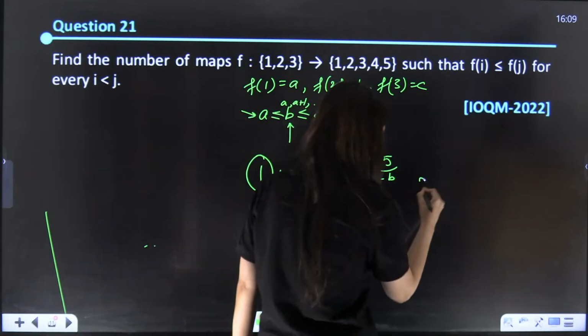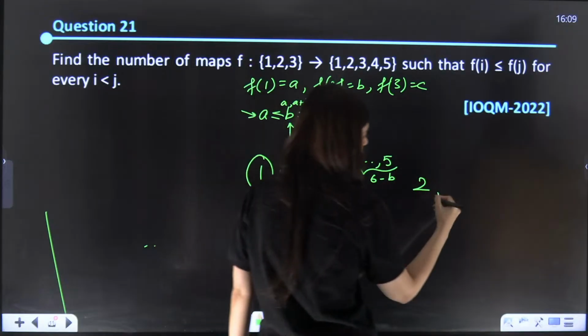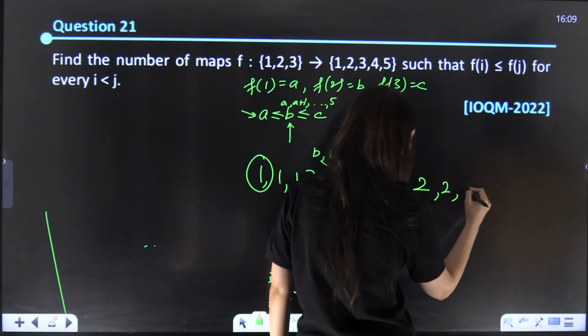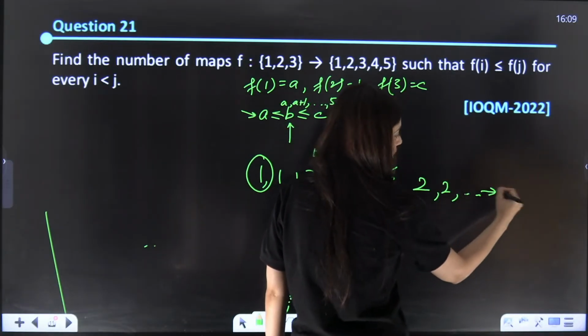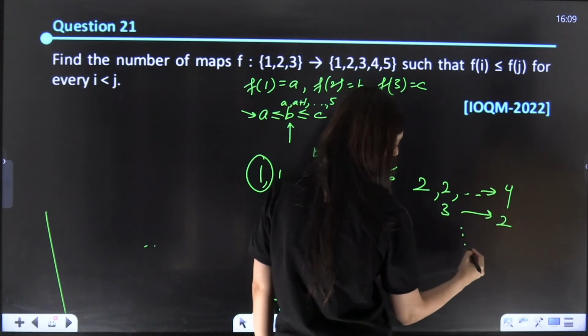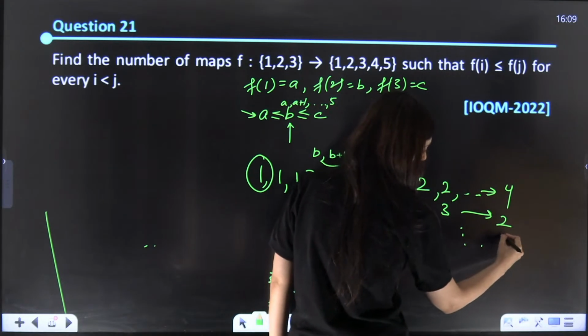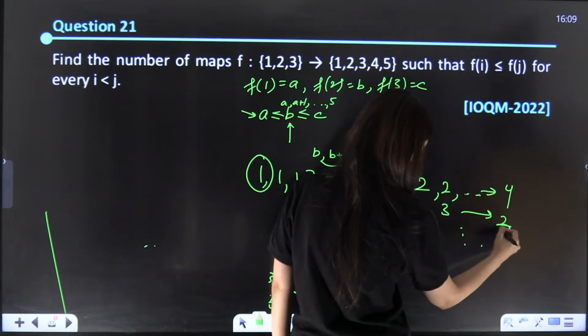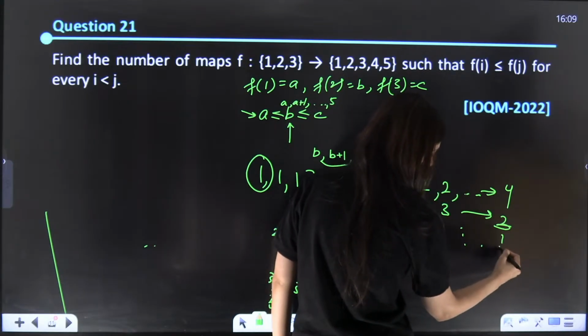If we had fixed A as 2, then we would have 4 options, 3 options, 2 options, like this, and 1 option.